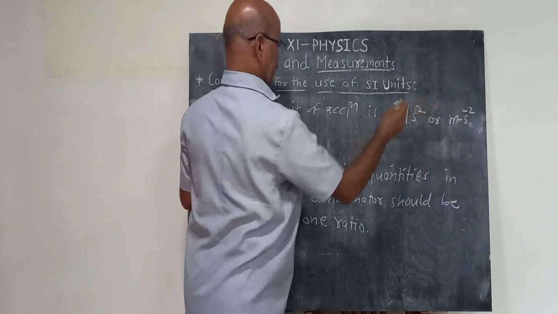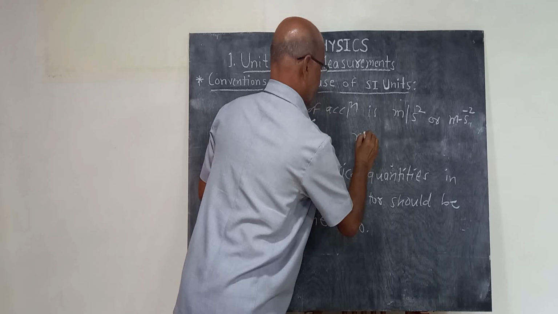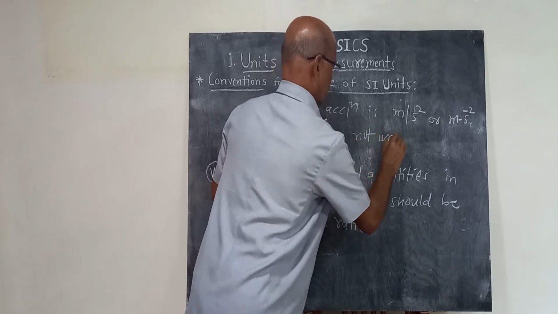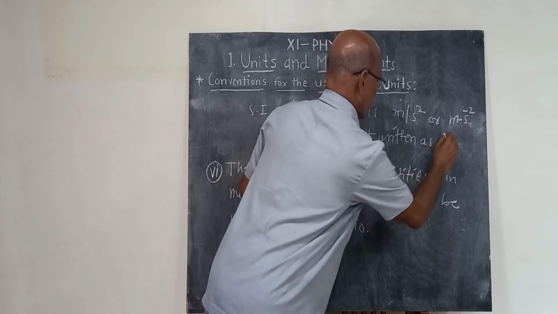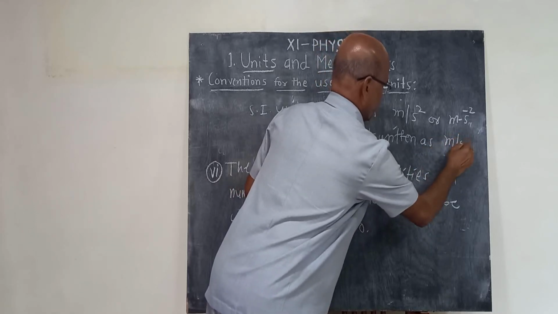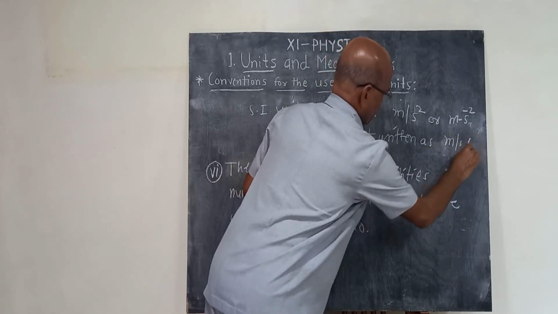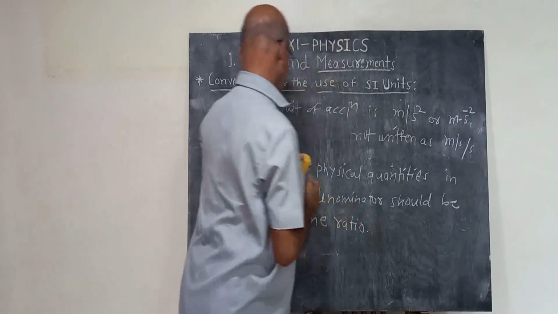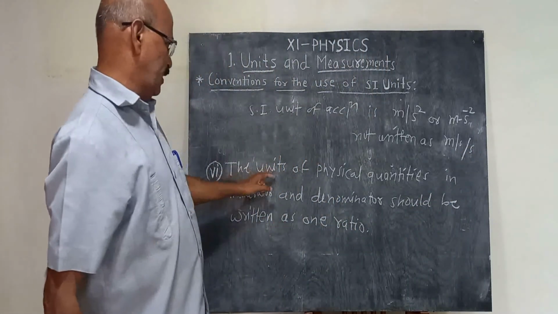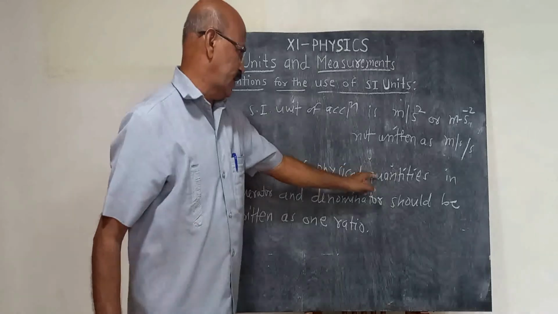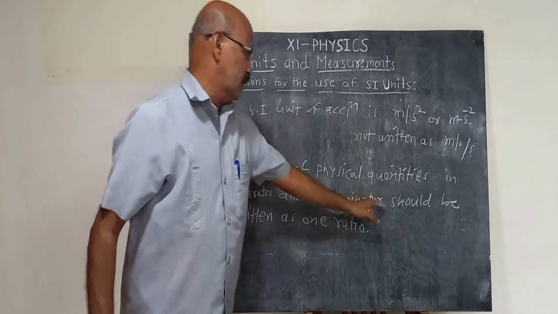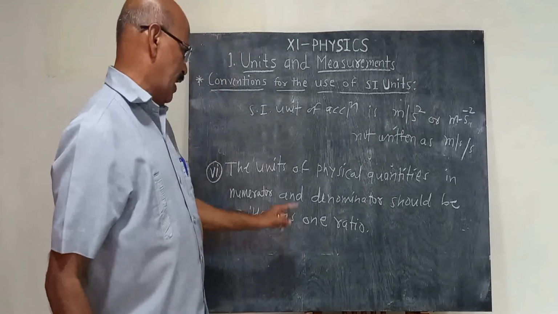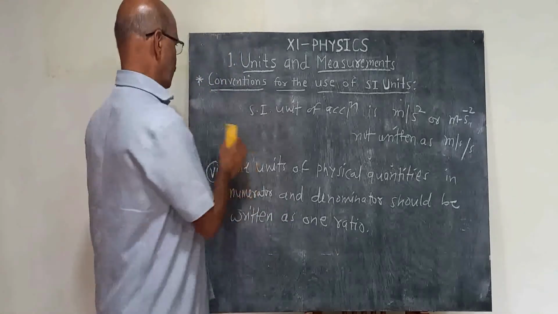It is written like this, and not written as meter per second divided by second. So the units of physical quantities in the numerator and denominator should be written as one ratio.